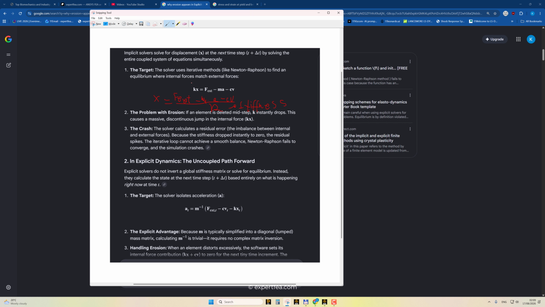If it would happen for an element to disappear or to be eroded, the stiffness of the matrix at that point would become 0.